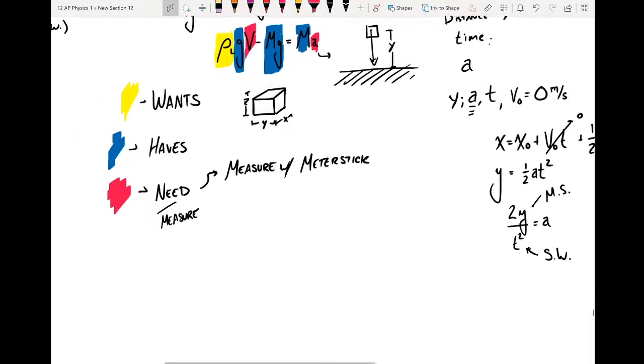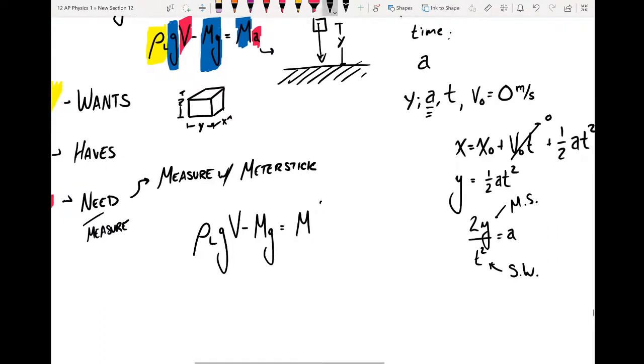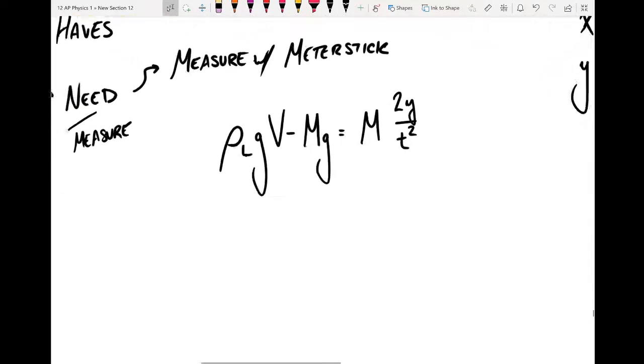So let's come back up to our experiment and say, rho L g times the volume, so volume g, equals m, and then instead of a, we can put in our new 2y over t squared, which is equal to our acceleration. So this is actually pretty good.